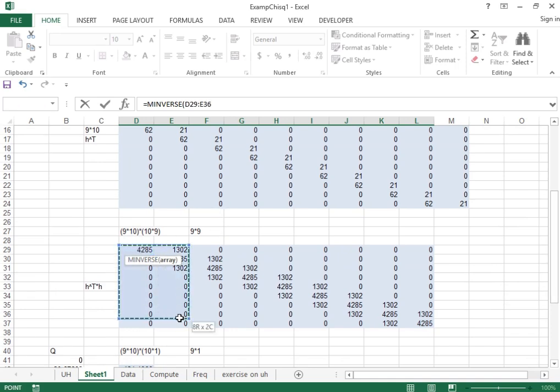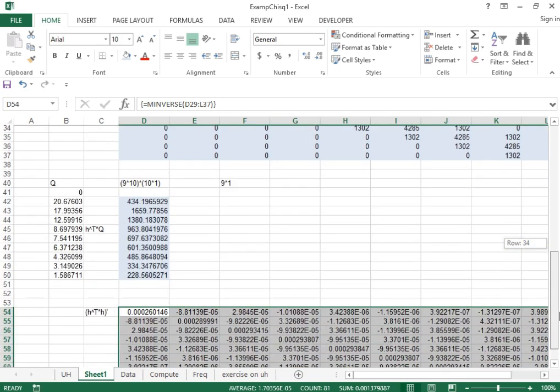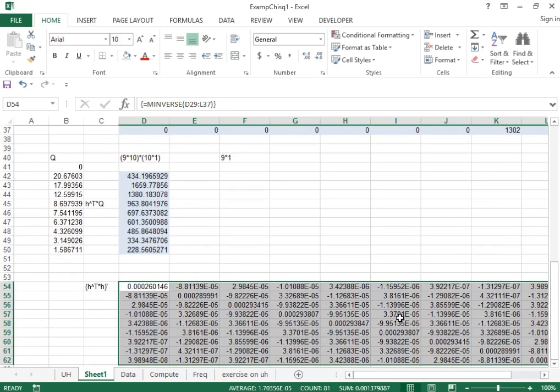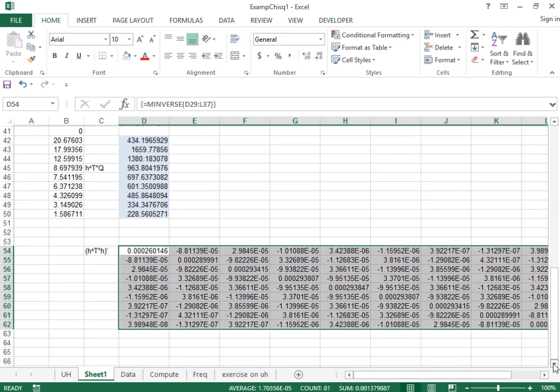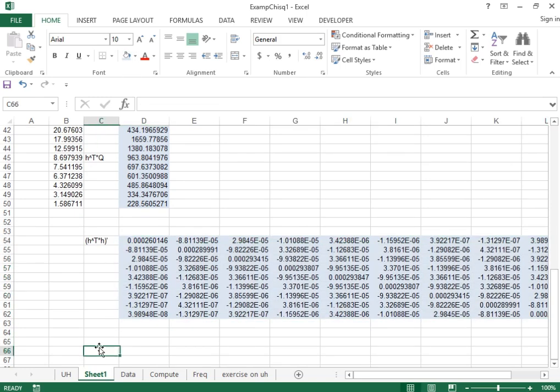You have to select in such a way, close the bracket, then Control plus Shift plus Enter. So we have this one. This is the inverse of H transpose times H. And finally we have U.